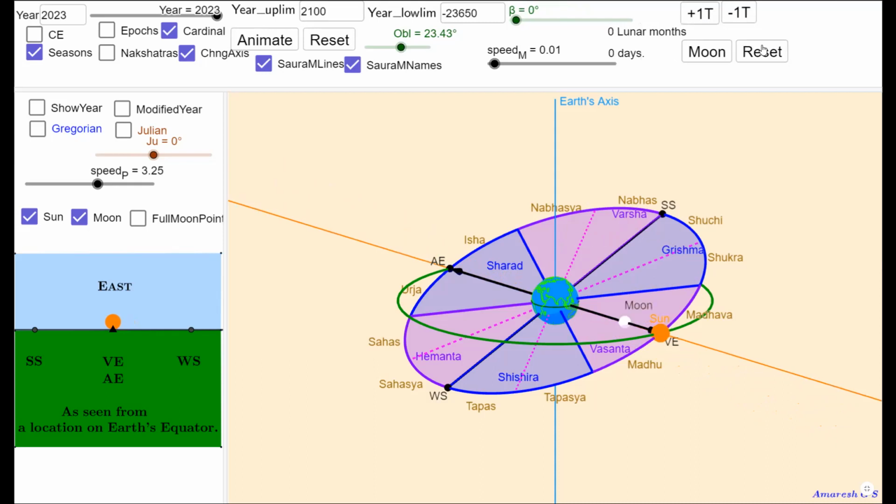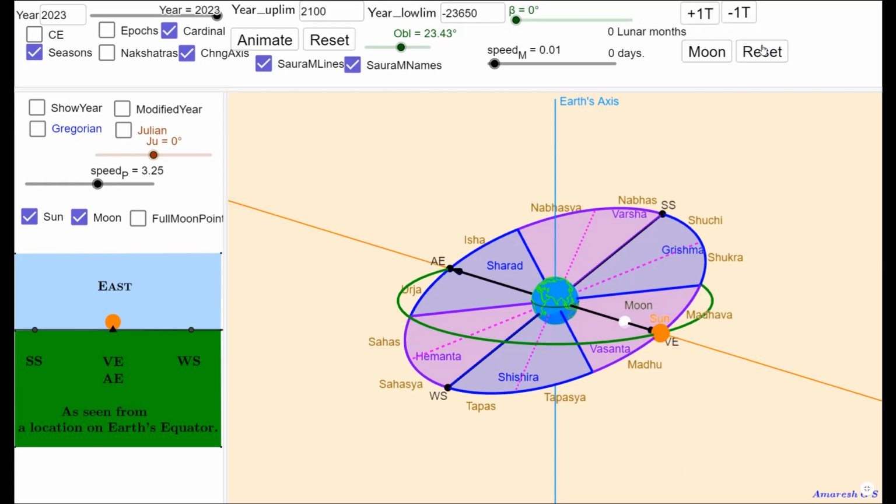Again, I'm going to reset this. Now, I want to explain why it is required that we insert this Adhika-masa periodically, on an average about every 2.7 years.